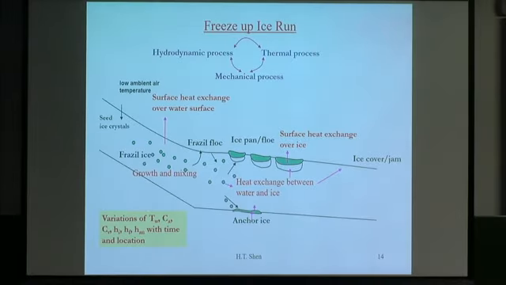Let me now go into an overview. I think, as we said, almost 90% of the ice in the river start from frazil, and then flocculate. Some go to the anchor ice, and most of it come to the surface and start to move downstream.